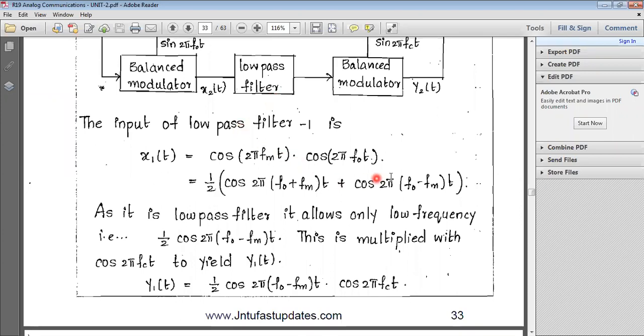What is the high frequency signal in the above expression? f naught plus fm or f naught minus fm? f naught plus fm. Very good. So by passing through the low pass filter, we completely eliminate that term. So the output of the low pass filter becomes cos 2 pi into (f naught minus fm) into t.